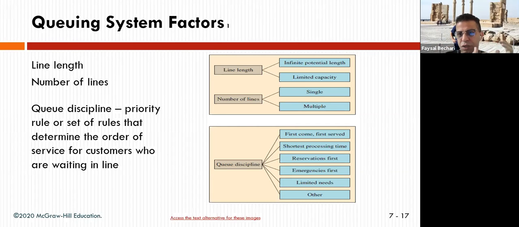So the emergency is also something you need to look at, and limited needs, whether somebody needs a small thing to be done. So it does affect the line. You have many times gone through this experience where you feel that somebody in front of you at the bank, for example, and you have some money you want to deposit or withdraw, a small thing, but if somebody is in front of you, you feel like he's getting a mortgage for his house.